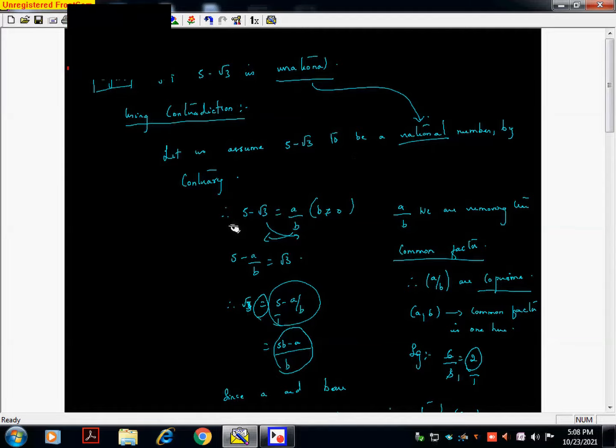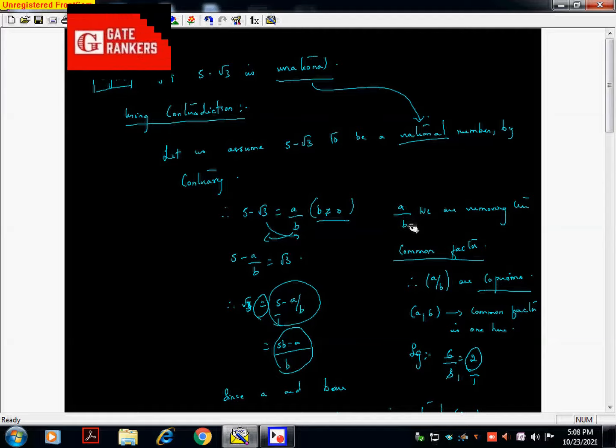So therefore root 5 minus root 3 is equal to a by b. As you know, a rational number is of the form a by b and b not equal to 0. Here there is one technical thing to be learned: if you understand this aspect of rational numbers, you will definitely prove this without any problem.